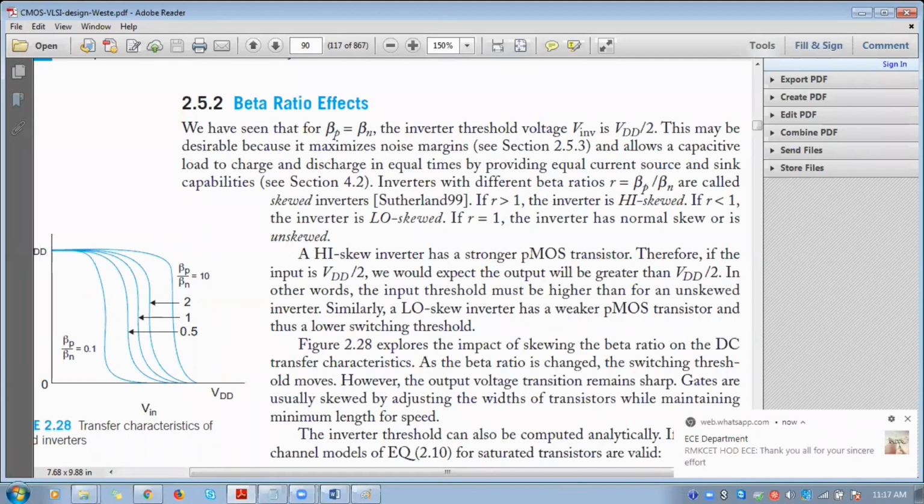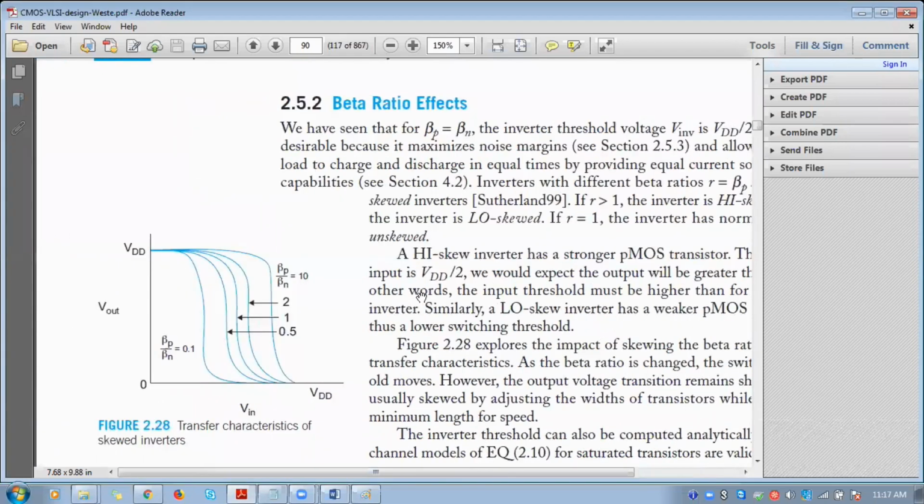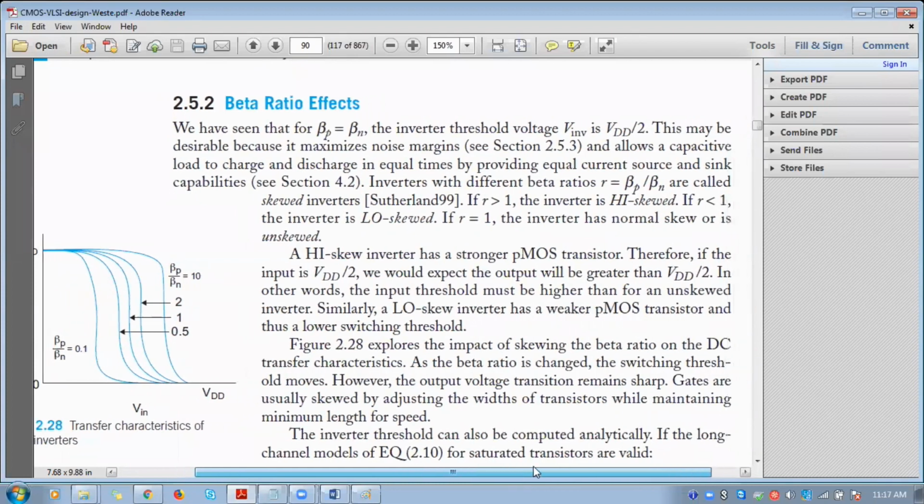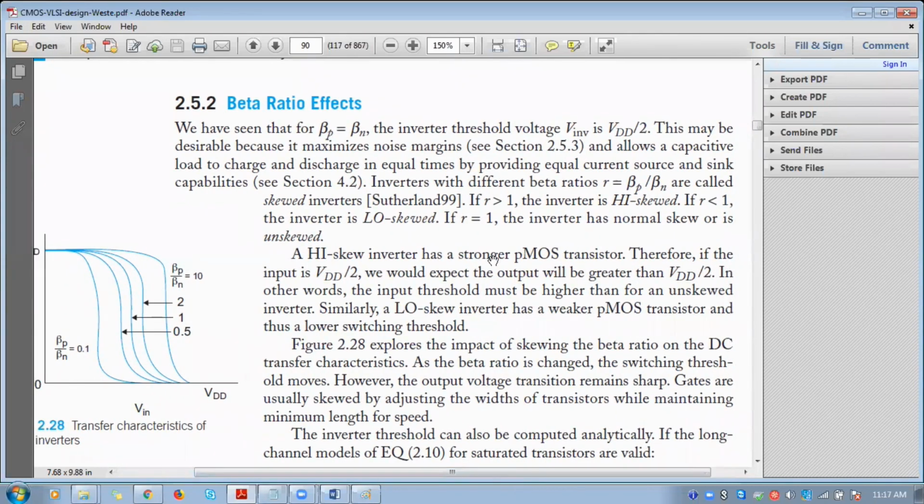Mostly unskewed circuits are used for all designs, but in some applications, depending on the need, we will move on to high skew or low skew circuits also. Here they equate the beta P by beta N ratio to a constant called R, the beta ratio.